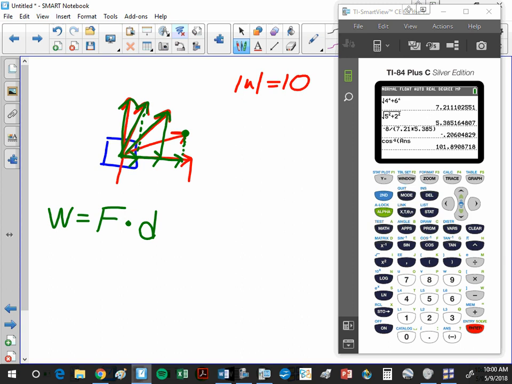So work is the force vector dotted with the distance vector. And if we take a vector and we dot it with another vector, what sort of answer do we get? When I did u dot v, was my answer a vector or a number? It was just a number, kind of like a magnitude. Right. So work is just going to be a number, but that number is going to combine the units of the force and the units of the distance. Okay?